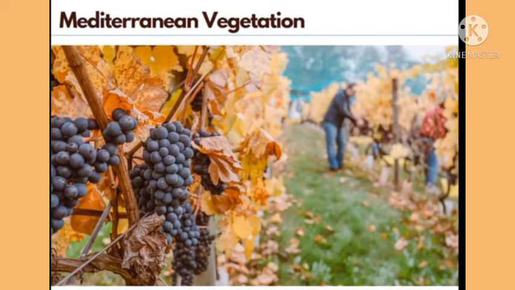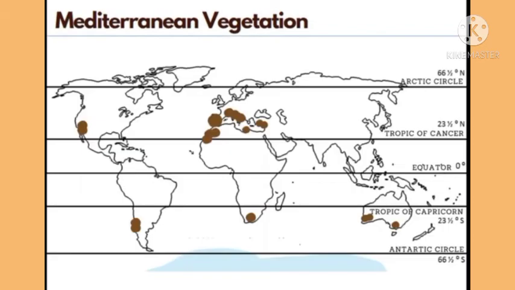Mediterranean vegetation. You have learned that most of the east and northeast margins of the continents are covered by temperate evergreen and deciduous trees. The west and the southwest margins of the continents are different. They have Mediterranean vegetation.